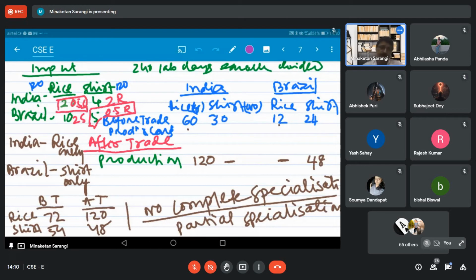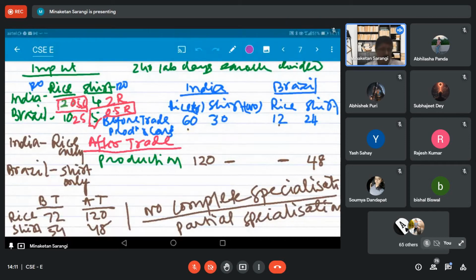Now, the total production before trade and after trade: before trade, rice is 60 produced by India and 12 produced by Brazil, that is 72. Total production of sack by India 30 and by Brazil 24, so total will be 30 plus 24, 54. After trade, the total production of rice is 120 and the total production of sack is 48.